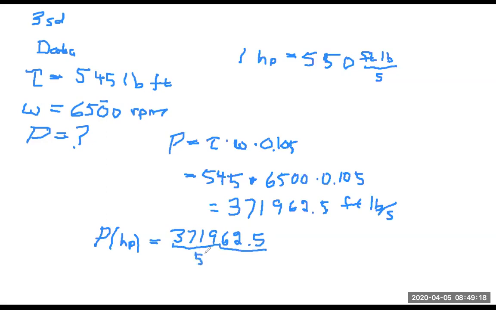And when we get that number, then we do 3 sig digs. And we have horsepower. So this is going to come out to be 676 horsepower. So that would be the power of that particular engine.